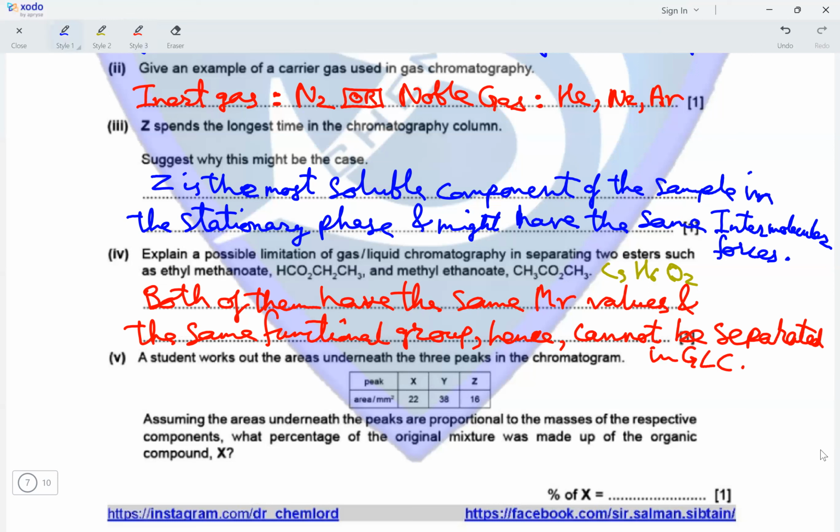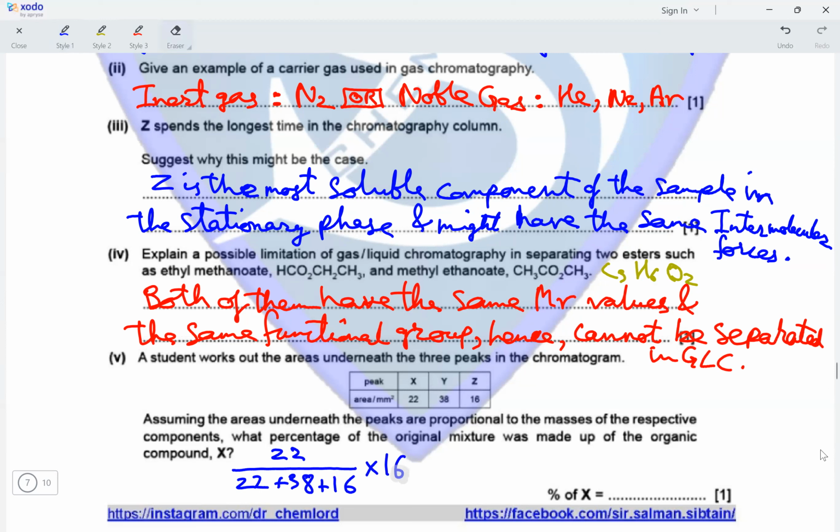Next, a student works out the areas underneath the three peaks in the chromatogram. Assuming the areas underneath the peaks are proportional to the masses of the respective components, what percentage of the original mixture was made up of the organic compound X? So we would calculate this part as area of X, which is 22, upon area of X plus area of Y plus area of Z into 100.